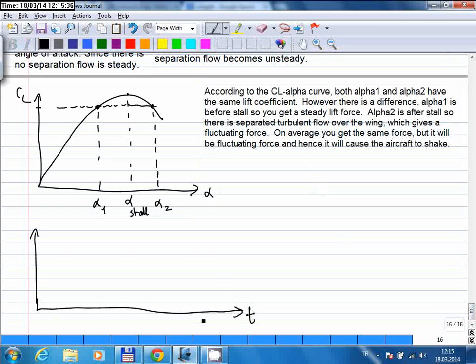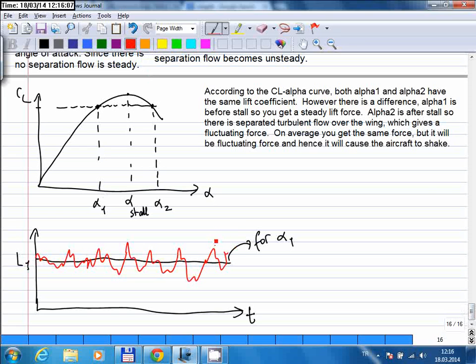So let me just draw this on a plot, on a time plot. So let me draw the situation for alpha 1. So you have a certain lift force. So this is supposed to be steady. This is for alpha 2.